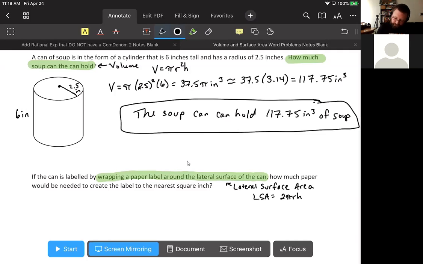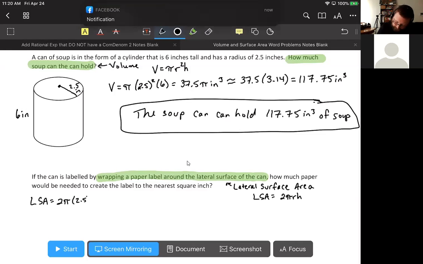So we plug those in. We say, okay, well, the lateral surface area would be 2 times pi times the radius times the height, or 2 pi times 2.5 times 6, which would be exactly 30 pi square inches.